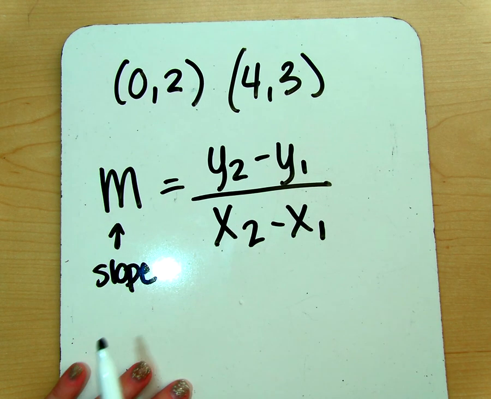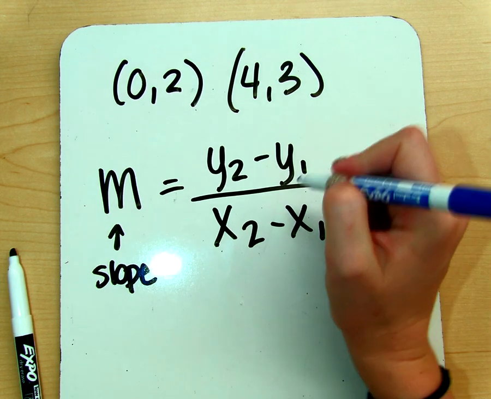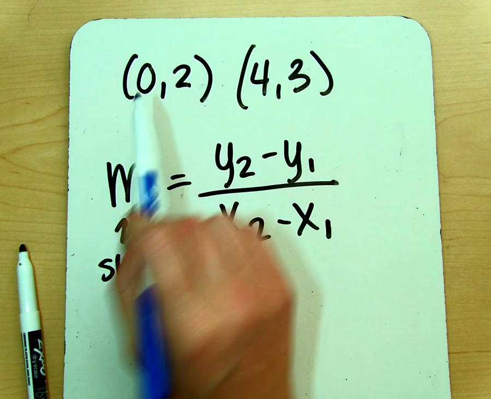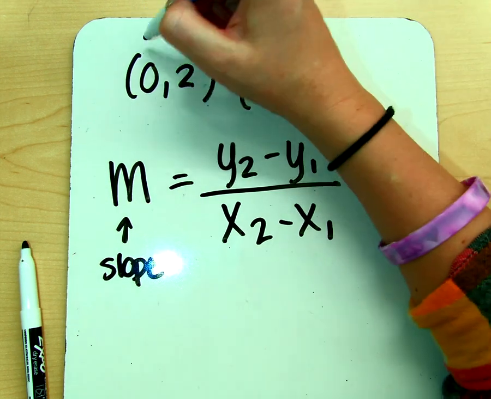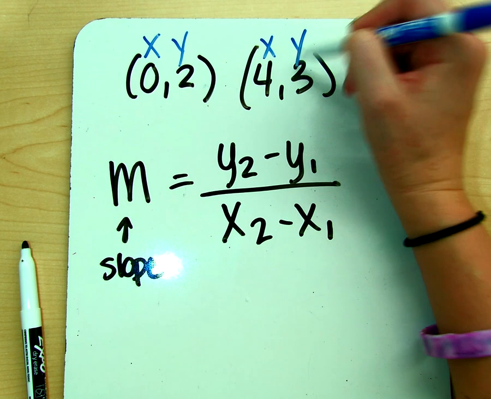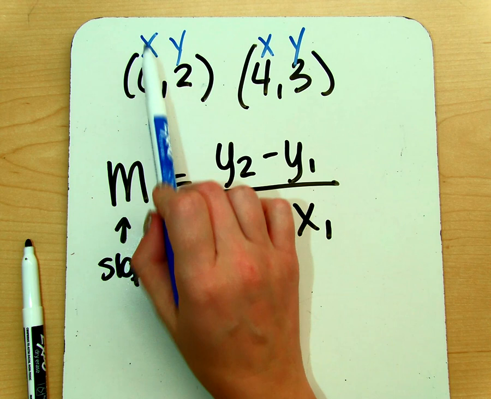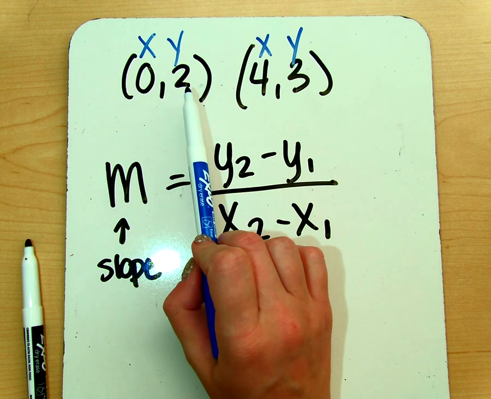So we're going to use these points to plug into here. The points have our x values, our y values, our x values, our y values. That's normal, that's standard. You should know that every coordinate, the first value is x, the second coordinate is y.